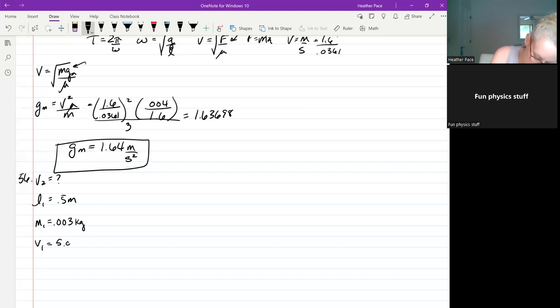V1. M2, well, L2 has the same length, but half the mass, so M2 is going to be M1 over 2.